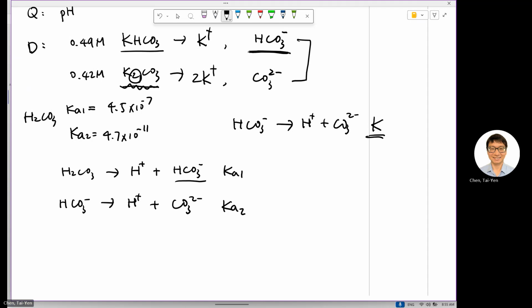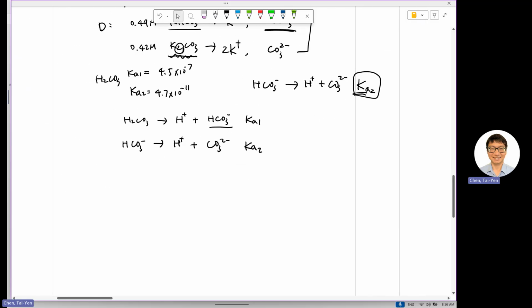All right. So if you look at these two equations, which one agrees with the one we're looking for? It's the second one, right? Therefore, the K you should use is Ka2. Because for the buffer, we know pH equals pKa minus log of conjugate acid over base, right?